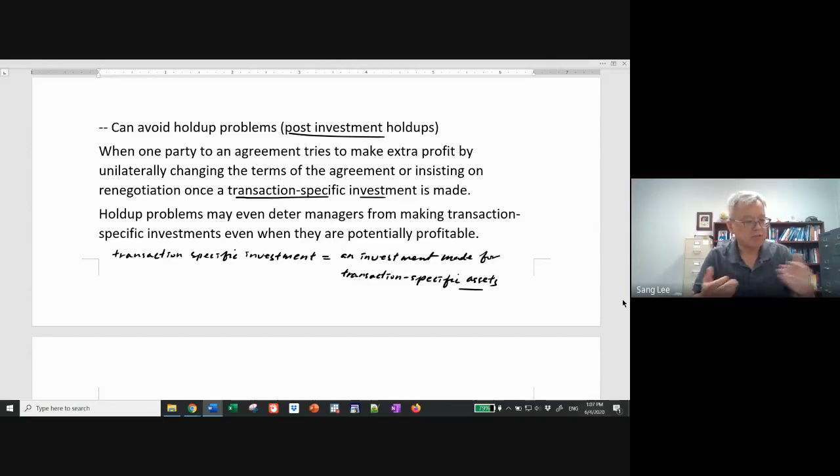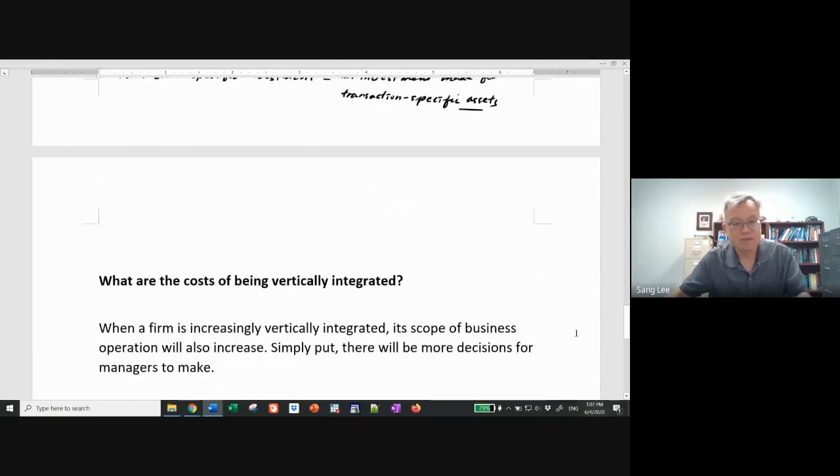Let me give you just a quick example. Suppose that a company builds a plant to produce cup holders specifically for the Ford Mustang. So here is a cup holder producer, and here is the Ford company.